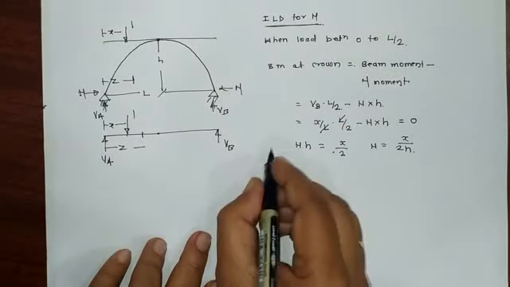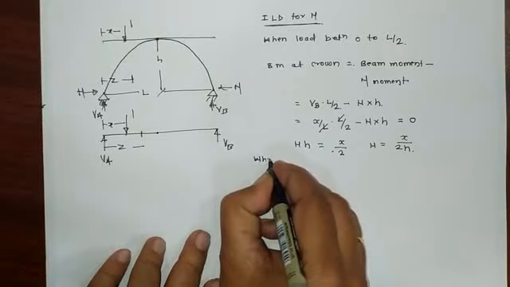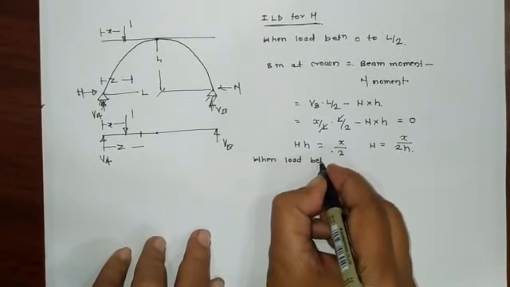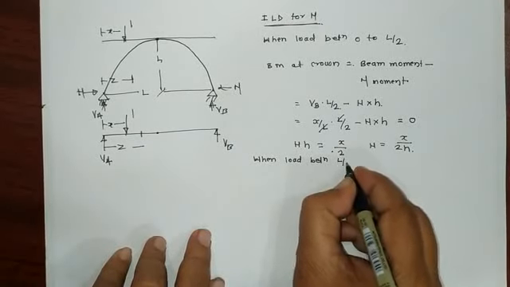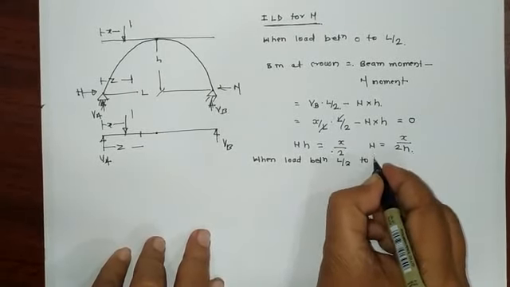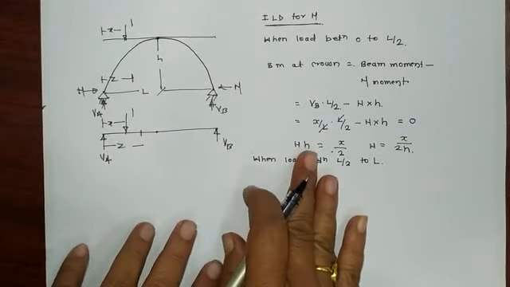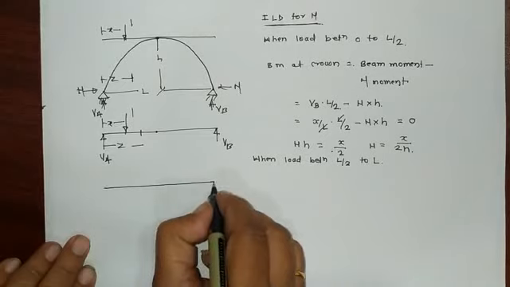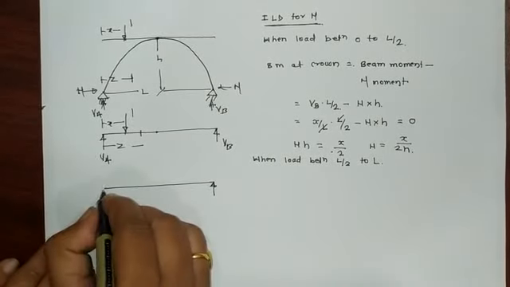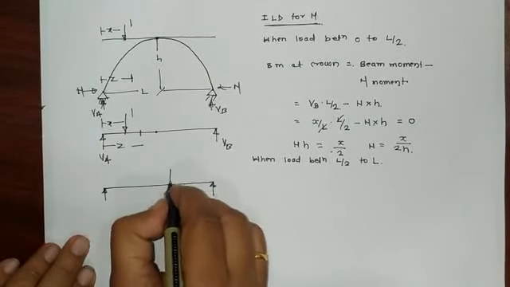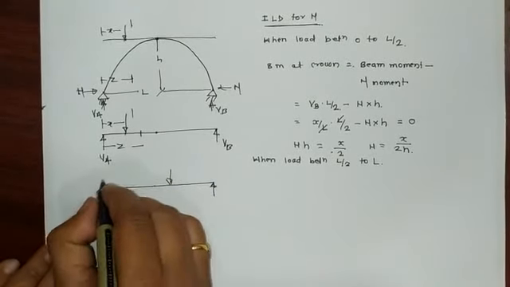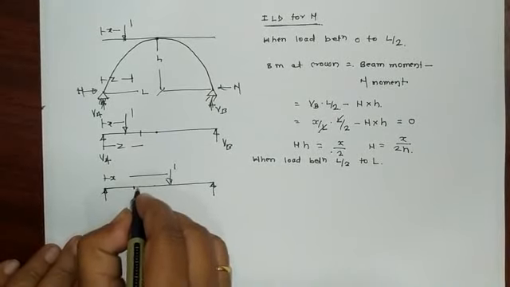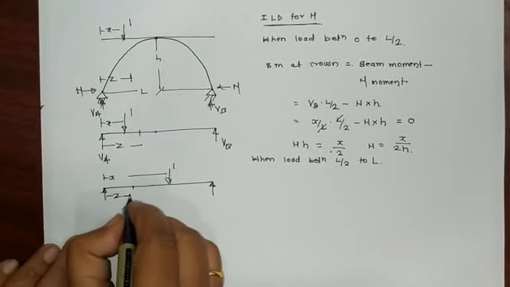Now the second condition is when the load is between L by 2 to L. Now if we change this here for the sake of convenience, that is the load is here somewhere, and this is X and this is 1, and this is our point.